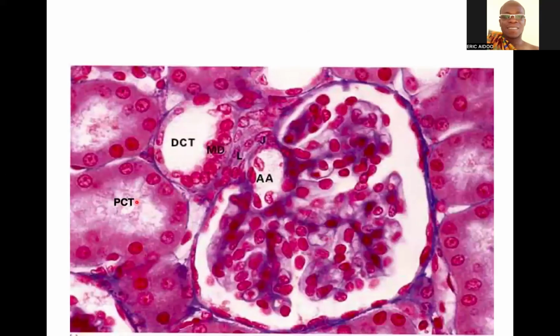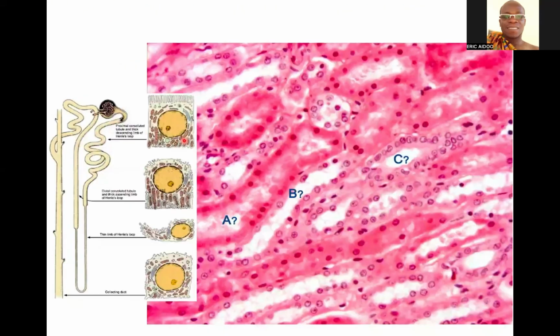So this is very clear, proximal convoluted tubule. So like I said earlier on, this is likely to be another proximal convoluted tubule because most of them have their lumen stained. That is a clear distal convoluted tubule. So the reason why the proximal tubule is stained or looks hazy is because of the microvilli.